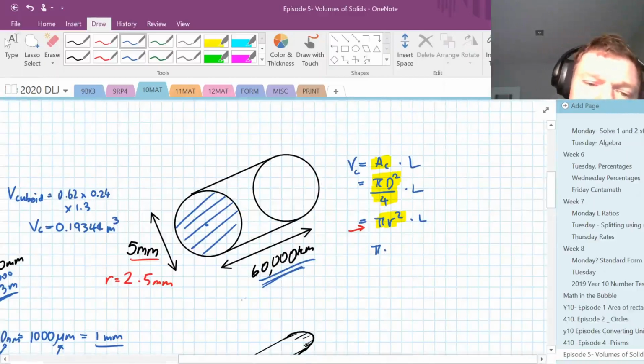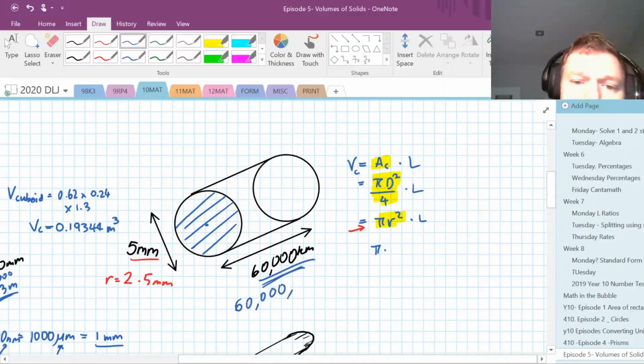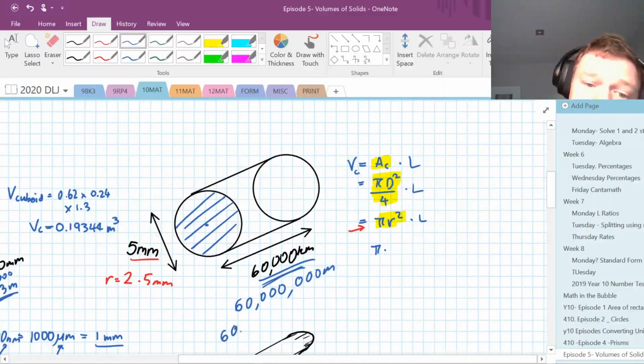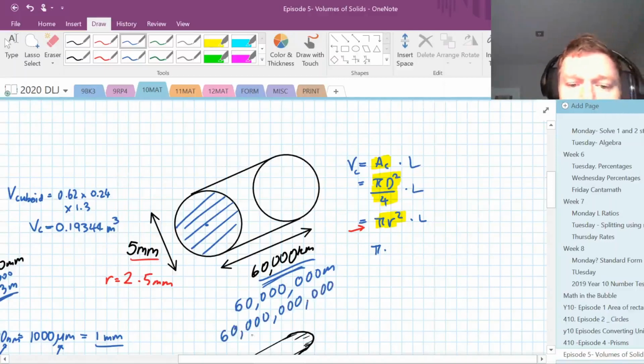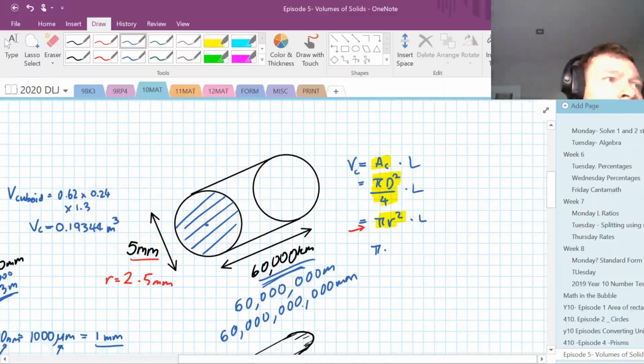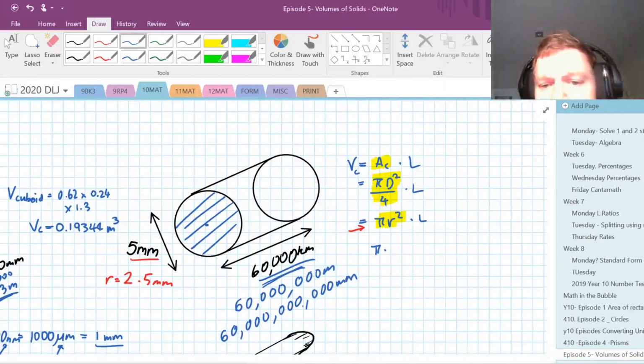So first let's put it into meters. So 60 million meters is the same as 60,000 kilometers. And then going an extra step to put into millimeters, you just add another 1,000 on. It's pretty easy to change between SI units because you just tag another lot of 3 zeros on, except for centimeters, but we want to phase centimeters out because they're for primary school kids.